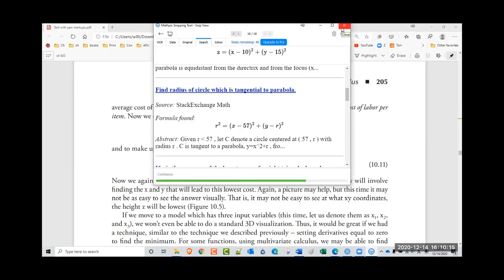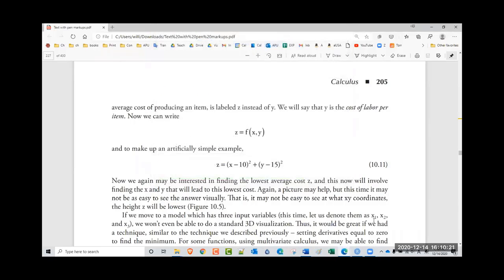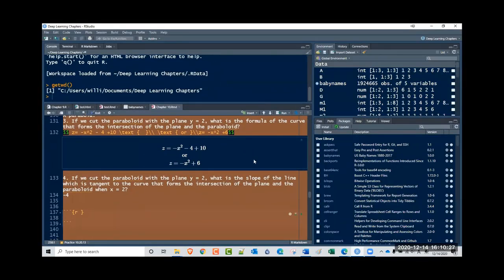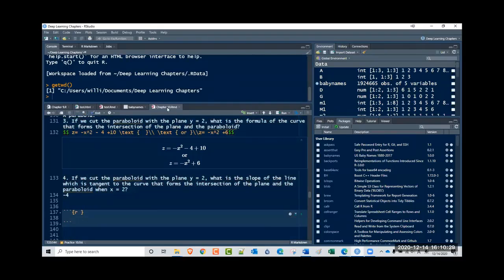Okay, so this is a nice tool called Mathpix Snipping Tool. And they make you sign up for it, but you can do that. And then I would like it if you did chapter 10 using RMD, and then you can knit it here, and I'd like you to knit it as a Word document.